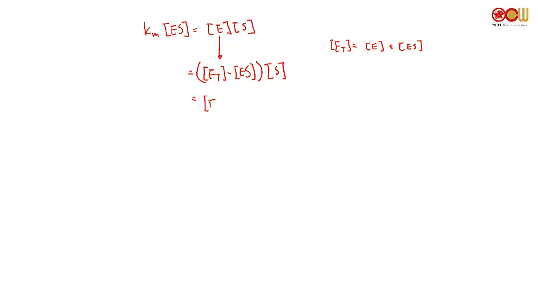We'll have E total S minus ES S. And then what you get is, so this is still Km times the enzyme complex.